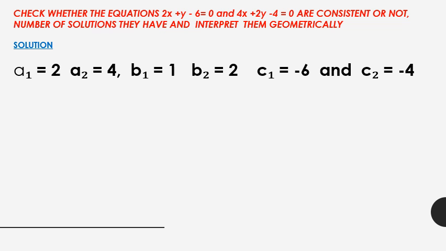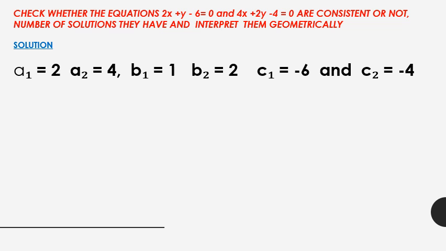Again, we have to write all the coefficients a1, a2, b1, b2 and c1, c2. In the first equation, a1 is equal to 2, b1 is equal to 1, c1 is equal to minus 6, and from the second equation, a2 is equal to 4, b2 is equal to 2, c2 is equal to minus 4.